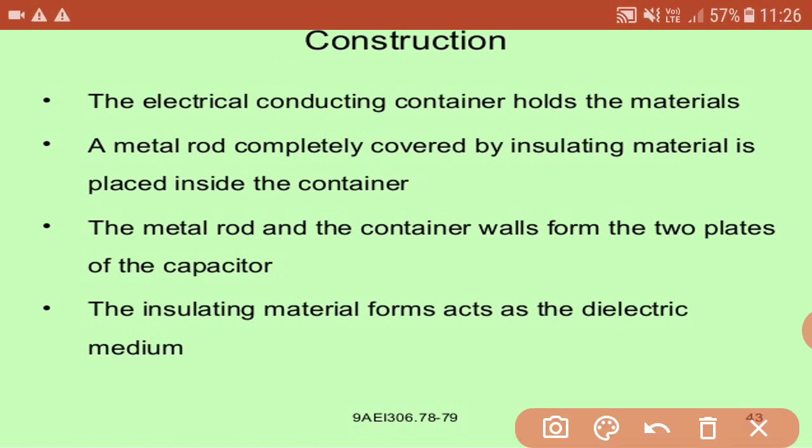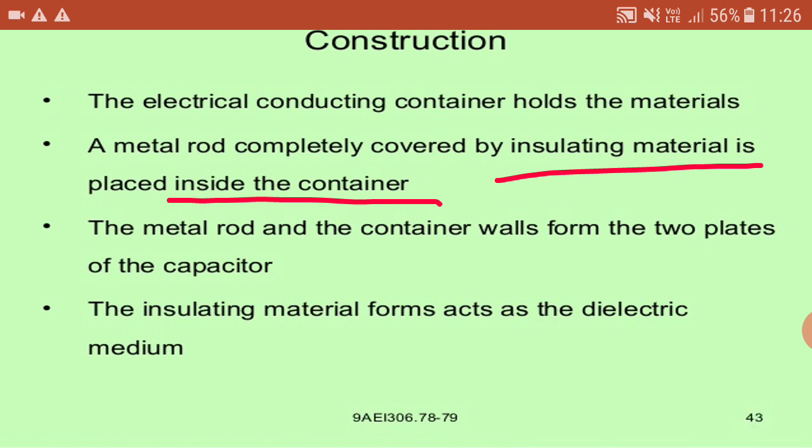A metal rod completely covered by insulating material is placed inside the container. So we have already seen that one metal rod is placed inside the container. The metal rod and the container walls form the two plates of the capacitor.